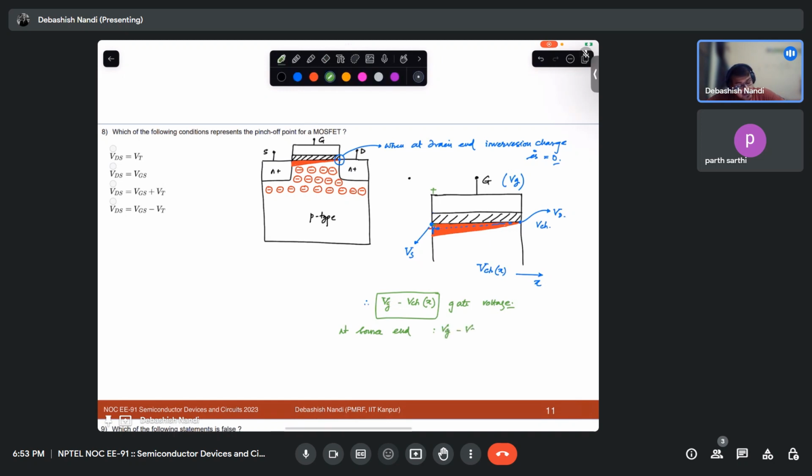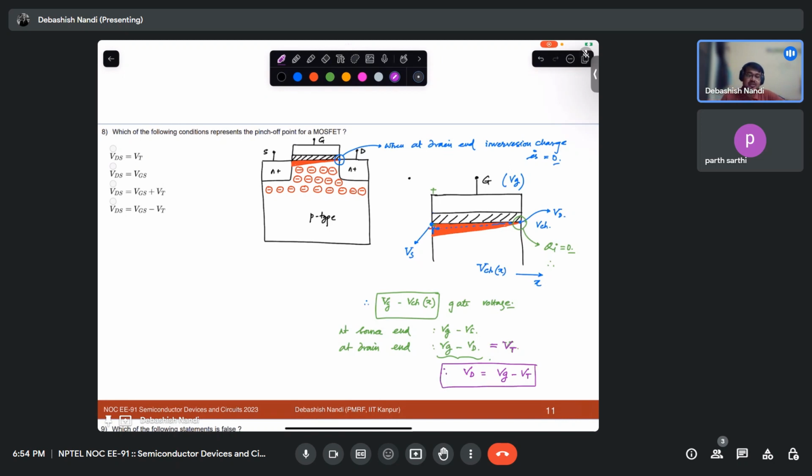Vg minus Vs. At the drain end it is Vg minus Vd. So at the drain end I need the inversion charge to be 0. That means this needs to be equal to the threshold voltage. Are you understanding? So what should be my Vd? Vg minus Vt.